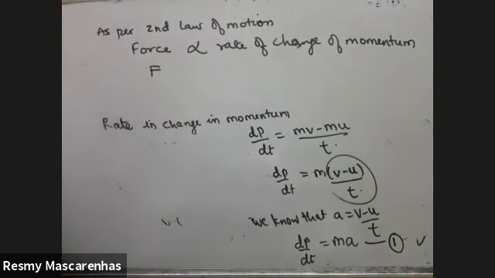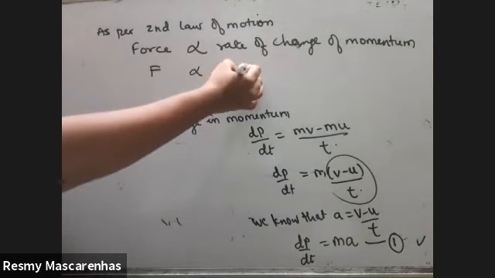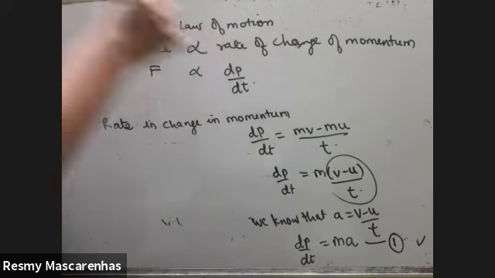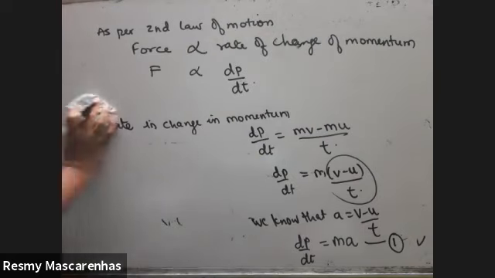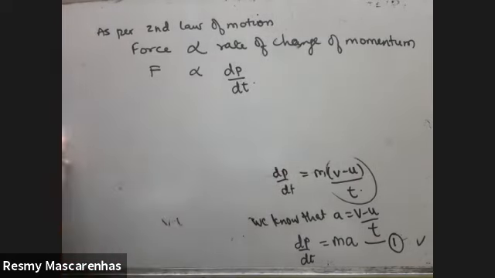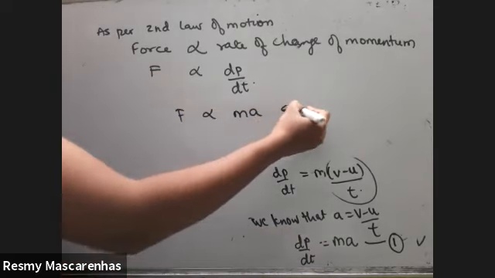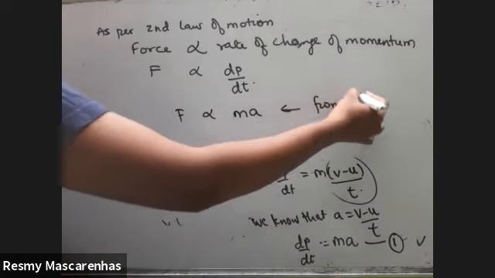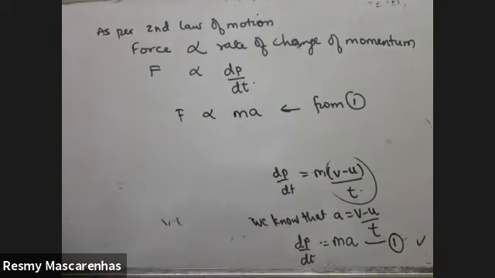This is the sign for directly proportional. So force is directly proportional to the rate of change of momentum, meaning dp by dt. What is dp by dt? Nothing but mass into acceleration, from equation 1.